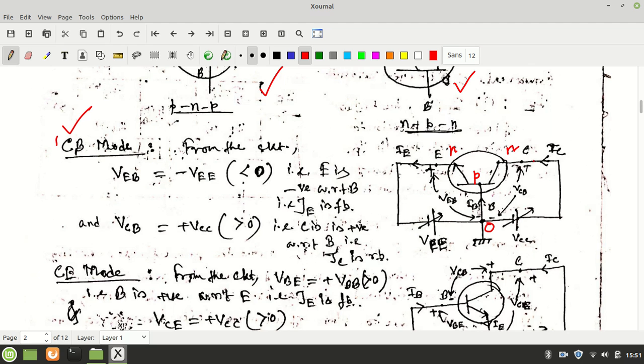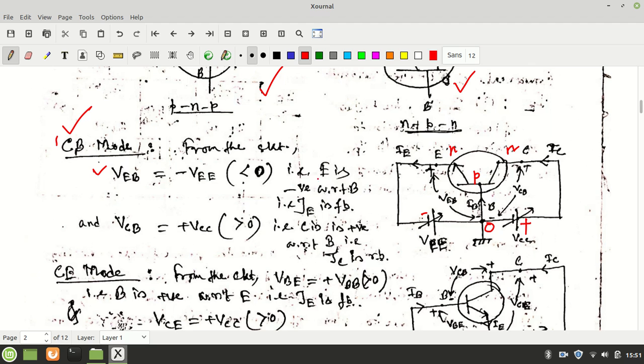The collector is made reverse biased by connecting the positive terminal to the N type, and similarly the N type emitter is connected to the negative terminal of the input battery VEE, so it is forward biased. If you apply KVL in this loop, you can write VEB is equal to minus VEE.